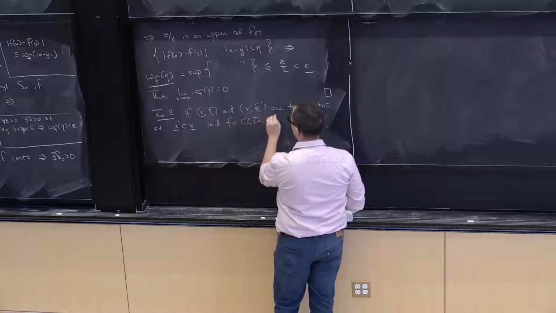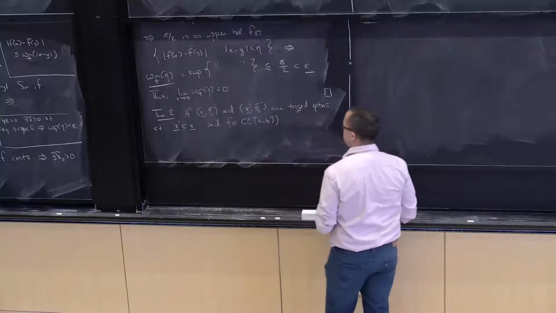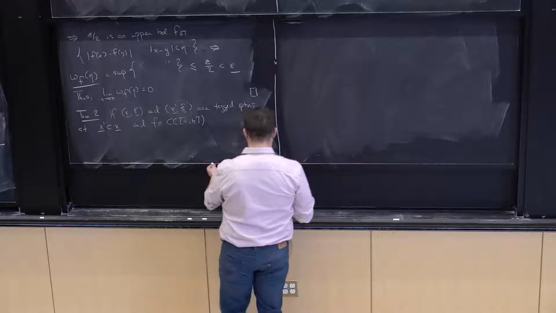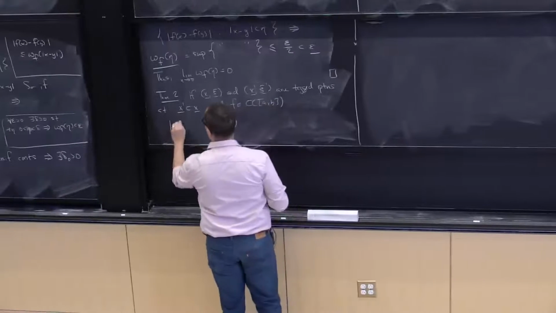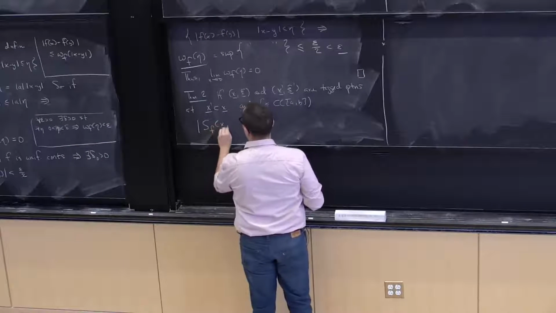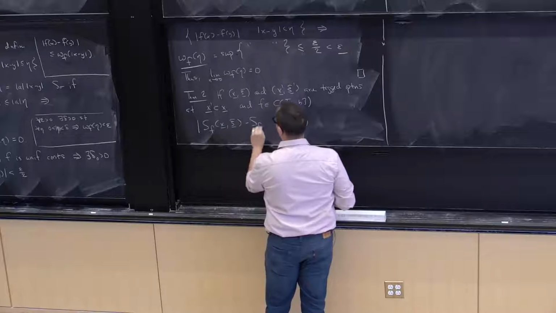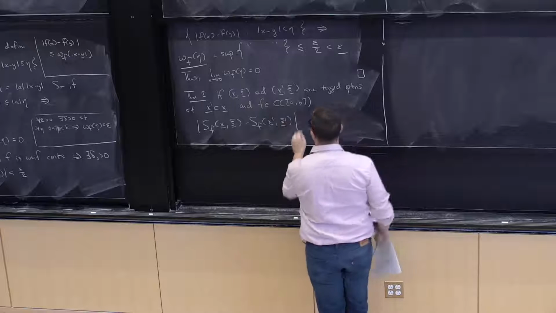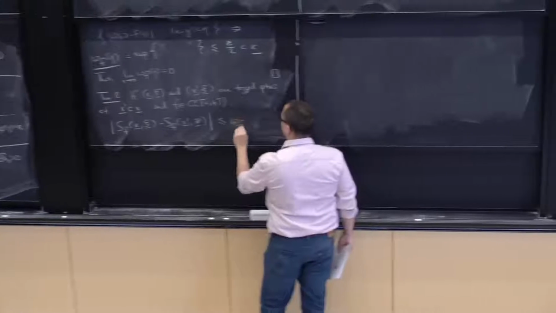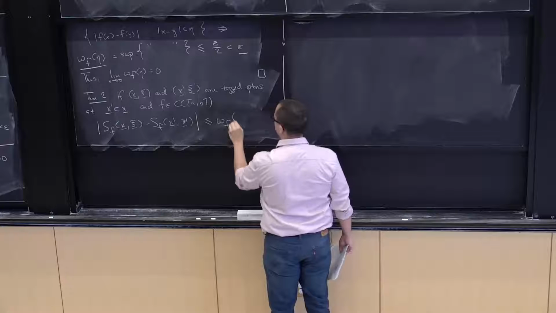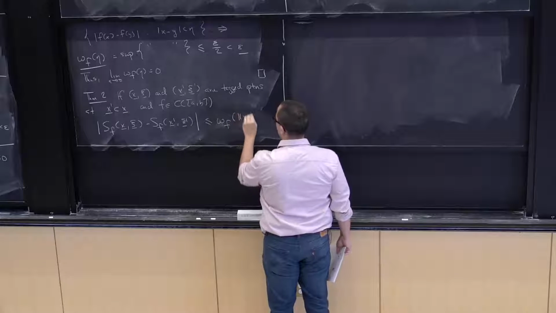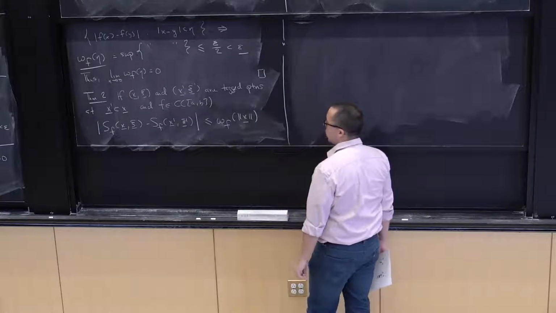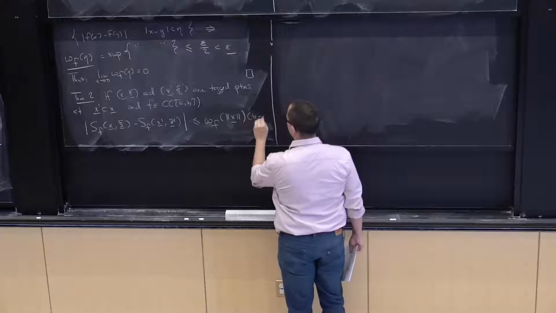All right, so we have two partitions, one finer than the other, and a continuous function f. Then we can estimate the difference in the Riemann sums. This is less than or equal to the modulus of continuity of f evaluated at the norm of the coarser partition times the length of the interval.